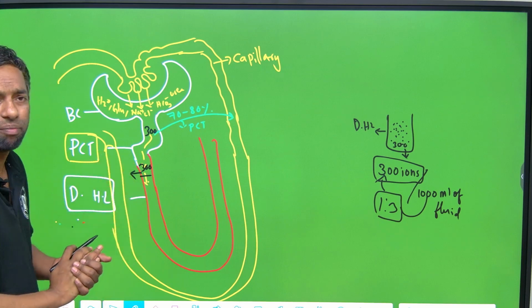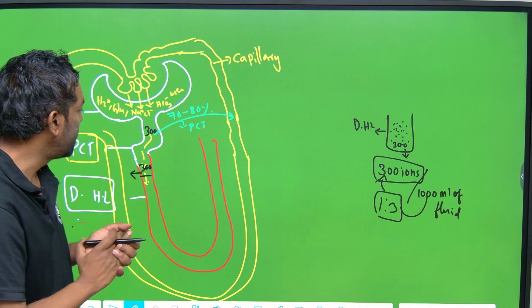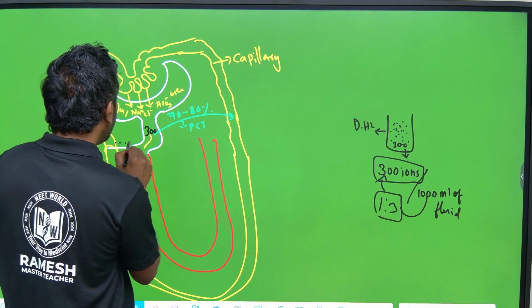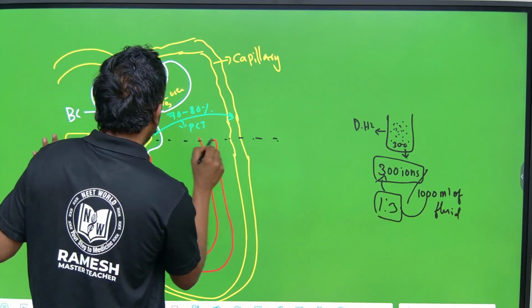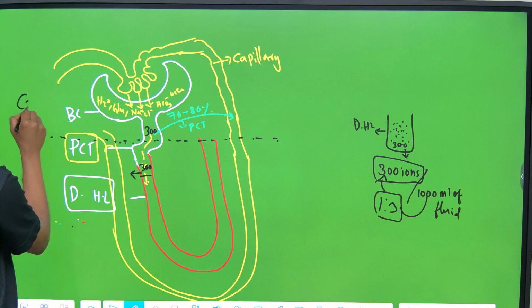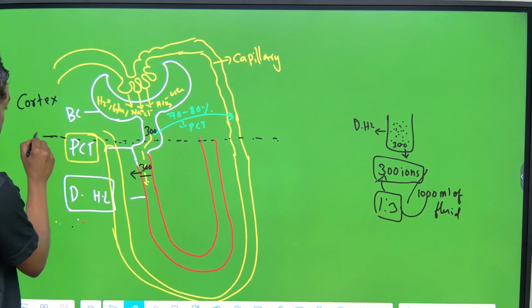This is one medium, one place, and this is the whole kidney. Up to the PCT is the cortex region, and this is the medullary region.